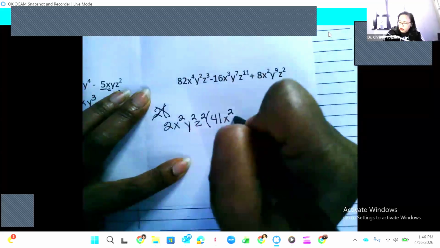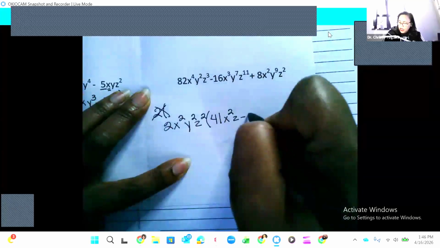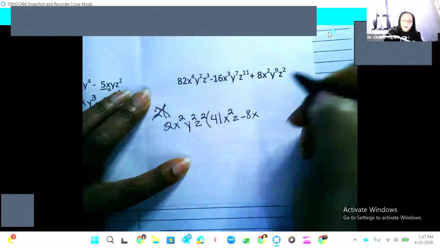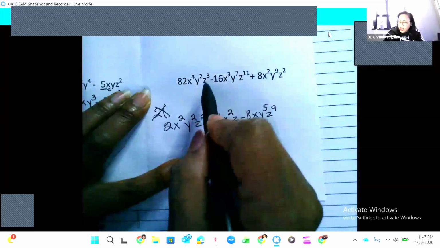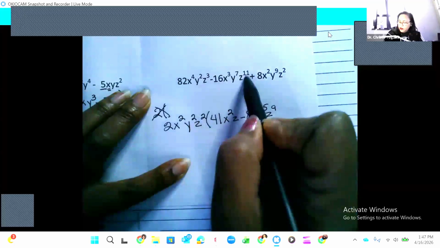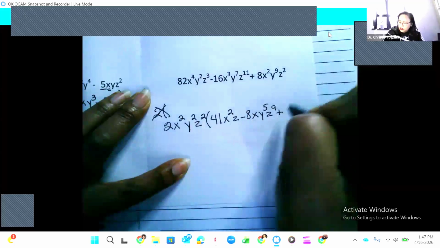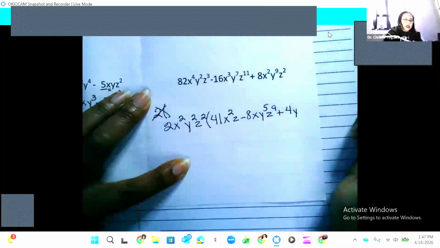Y's are gone. Only one z is left in that first term. Minus 8x y to the 5th, z to the 9th. Remember, I am subtracting the z squared from, or sorry, just the square part from 11, plus 4y to the 7th.